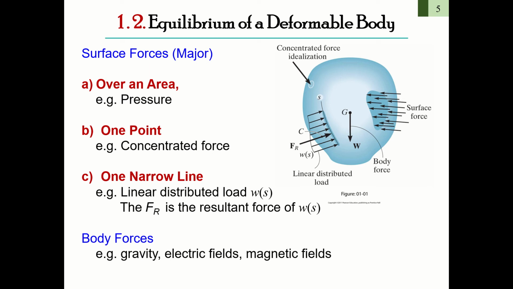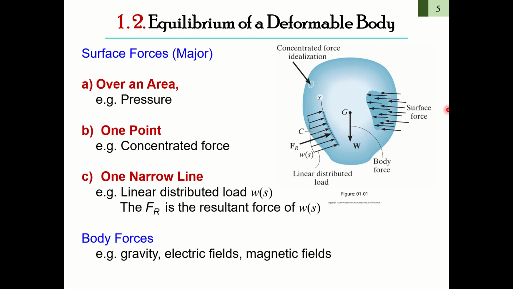First of all, we have the surface force. Just like statics, we have the external force, and there are several types of force. One is the surface force, the force acting on the body over an area.